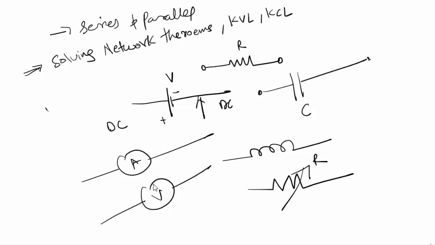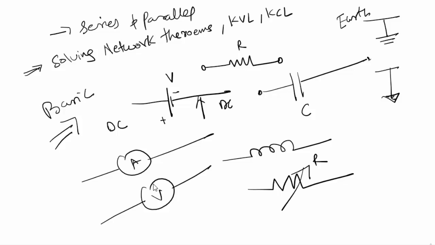So these are some of the basic circuit representations which you can find while solving most of the problems. Again, earth can be represented this way, and sometimes is also represented in this way. So I will use these notations for solving the problems. Also, you can find it useful if the same is being used in your books or while you are solving the problems.